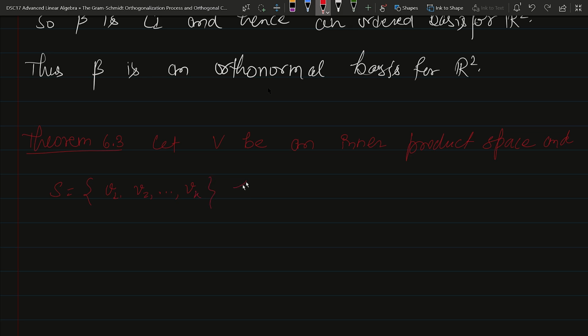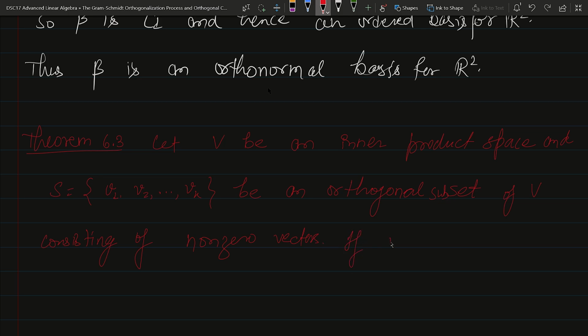be an orthogonal subset of V consisting of non-zero vectors only.